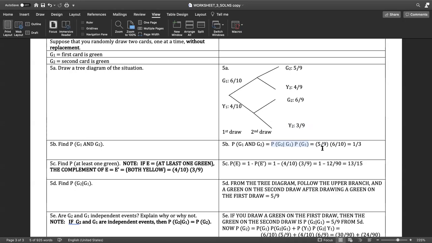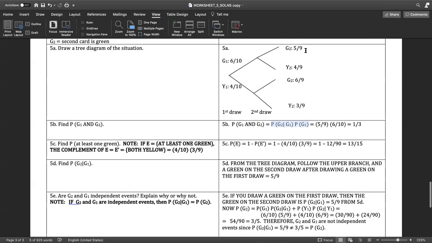That's the conditional probability of drawing green on the second draw following a green on the first draw, times the probability of the green on the first draw. That's 6/10. So you get 5/9 times 6/10, right? And you can do your simplification there and get 1/3. The product of 5/9 times 6/10 is 1/3.